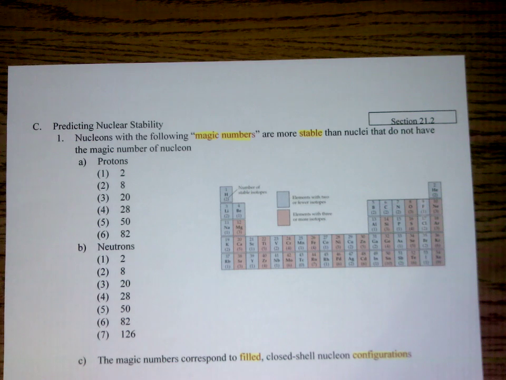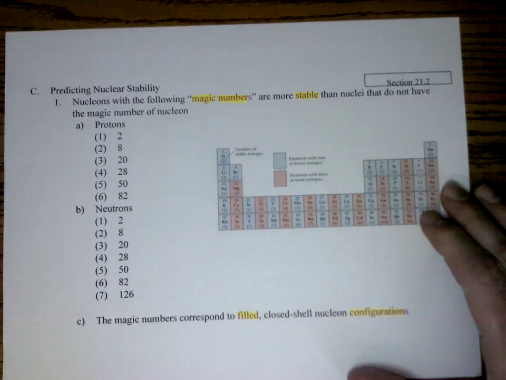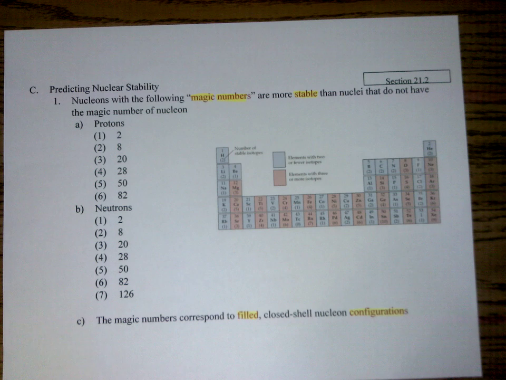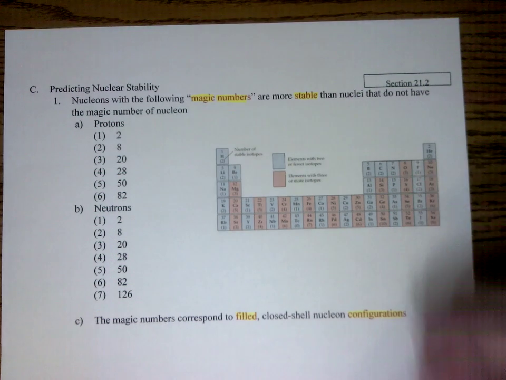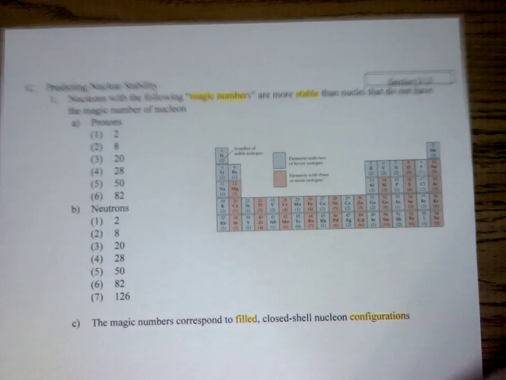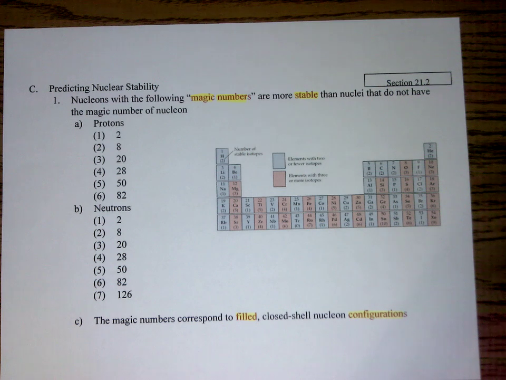The reason for this is that it's going to correspond to filled closed shell nucleon configuration. Basically, they're filling all the gaps. They're not shoving more neutrons or protons into that nucleus than there should be. It is secured and it is kind of locked tight into that particular portion. Again, this isn't as concrete, but they have found, hey, if it has this many protons, this many neutrons, typically they are more stable than others.